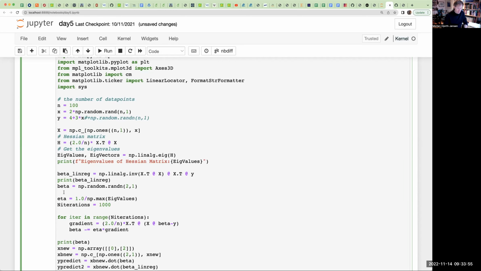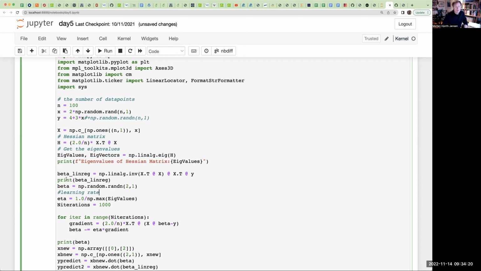So this is actually our learning rate here, which I call eta in the code. So in the learning rate, what I'm doing now is to take 1 divided by the maximum eigenvalue. So recall from the statement I made before the break that the optimal value of eta should be smaller than 2 divided by the max eigenvalue.